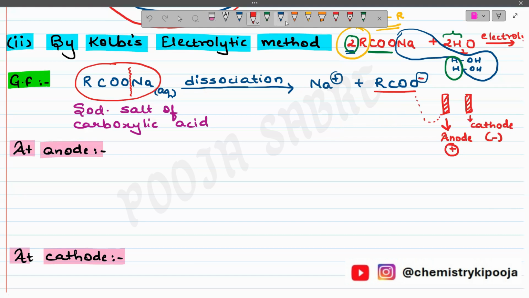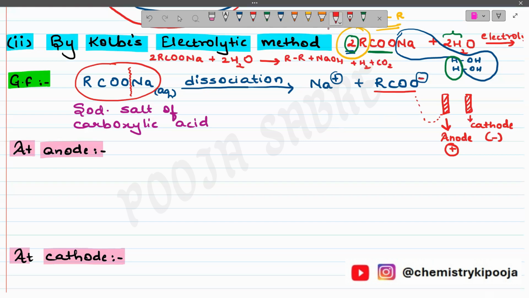So this is the entire mechanism. Now before this, let me write down the reaction one more time, whatever we have written over here. So I'm going to write down 2RCOONa plus 2H2O. If I add, I'm going to get R bond R plus NaOH plus H2 plus CO2.